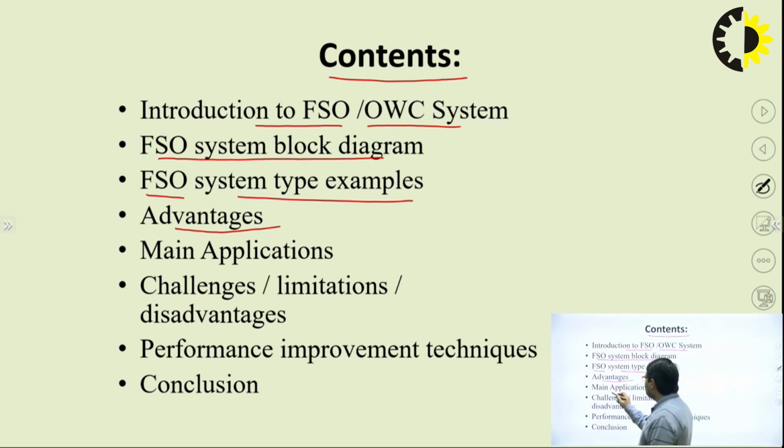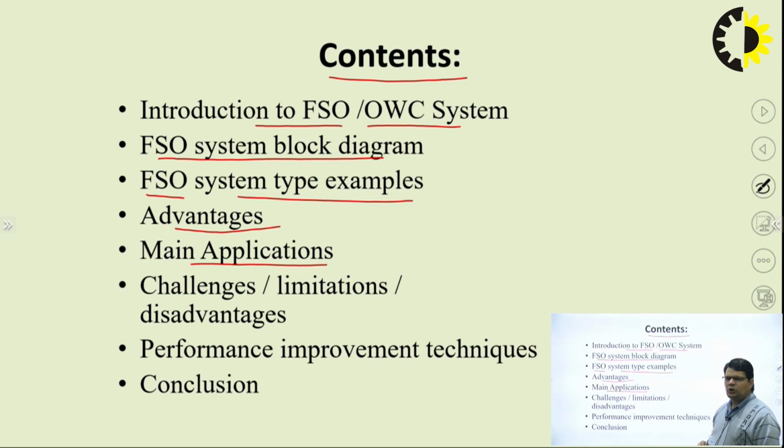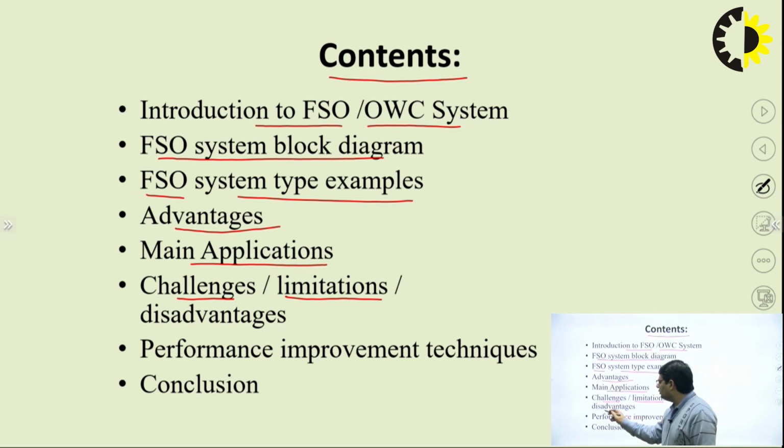Then we will also discuss the main application areas for the free space optical communication system. Then we will discuss what are the main challenges or what are the main limitations for the free space optical communication system along with disadvantages.